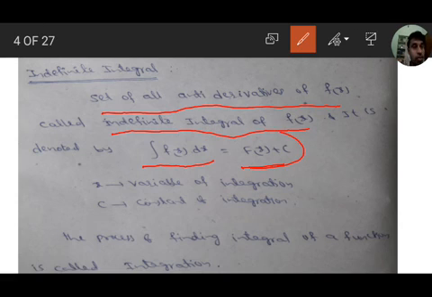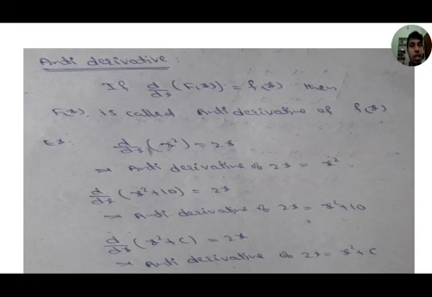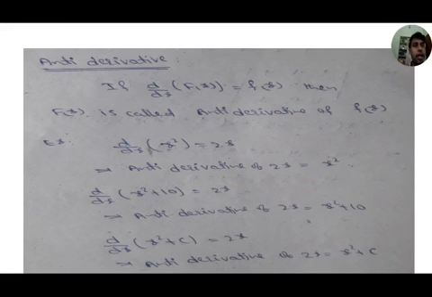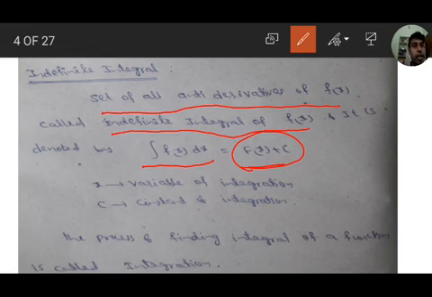This capital F of x plus c we learned in the previous slide: capital F of x plus c is an antiderivative of f of x. The set of all antiderivatives means capital F of x plus c, and it is denoted by integration f of x into dx equals capital F of x plus c.